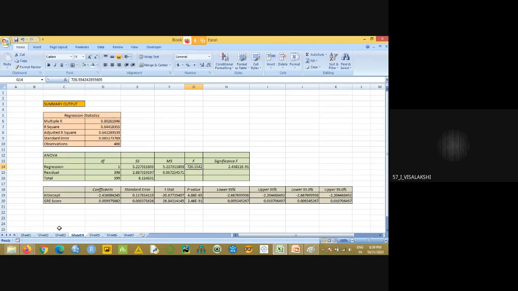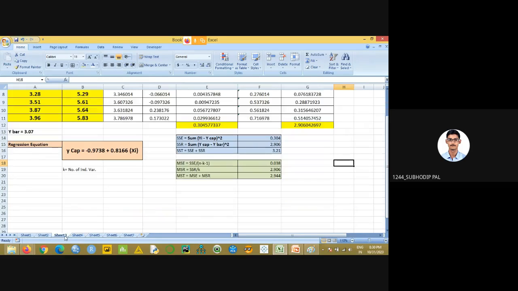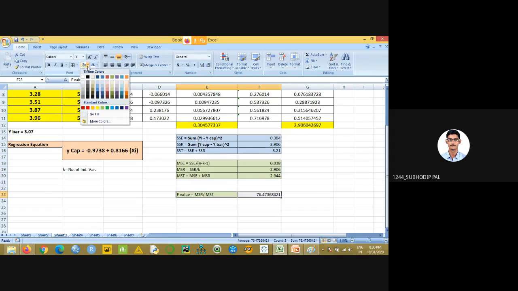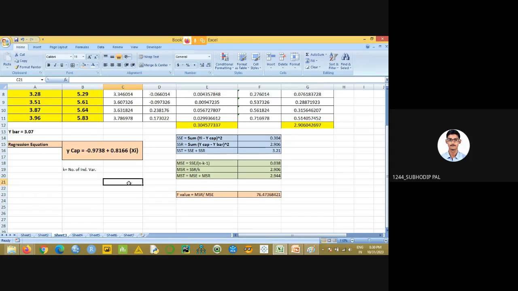MSR by MSC. So the F value is equal to MSR divided by MSC. This is my F value. Got it, everyone?